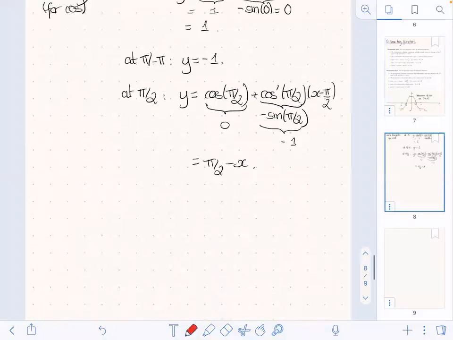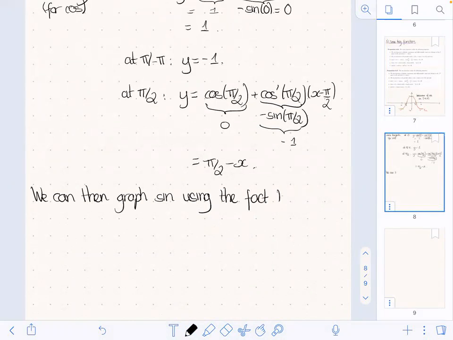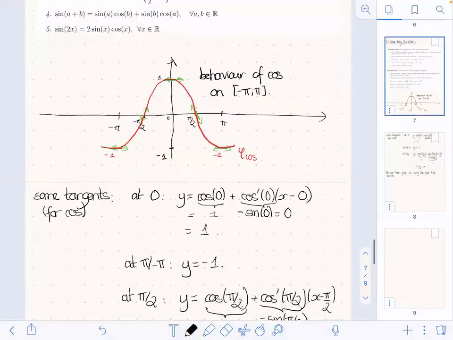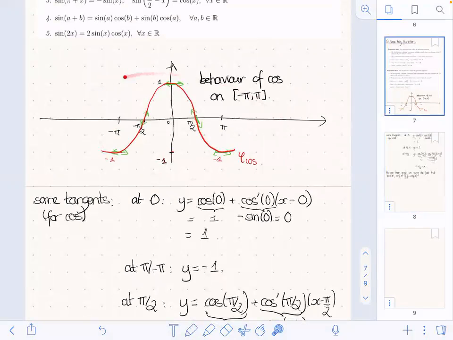So let's graph sine, using the fact that for any x in R, sine of x minus pi over 2 is equal to cosine of x. And of course, another thing we can mention here is that you can just keep repeating this pattern and you get the behavior of cosine on the whole of R.